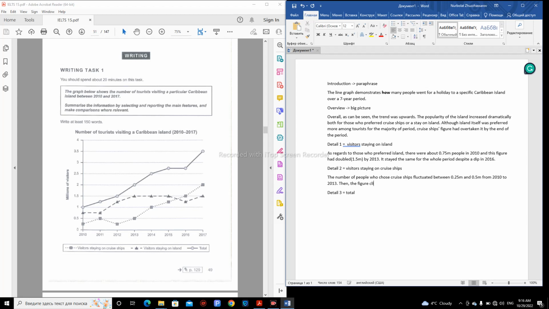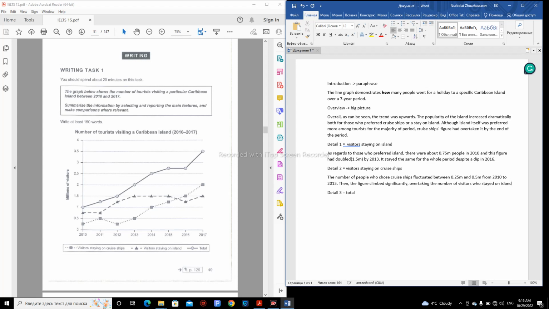The figure climbed significantly, reaching 2 million, reaching, not overtaking. We need to mention that overtaking the number of visitors who stayed on island.